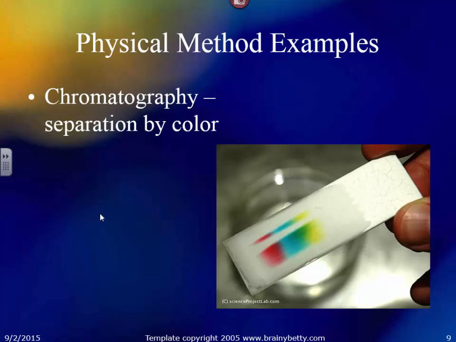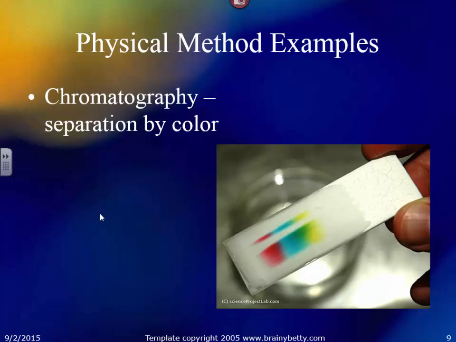So I can do chromatography, separation by color, with watercolor markers using water as my solvent, and we can look and see what streaks of color get left behind. Would this work with a Sharpie? No. What would I need to change? The solvent.